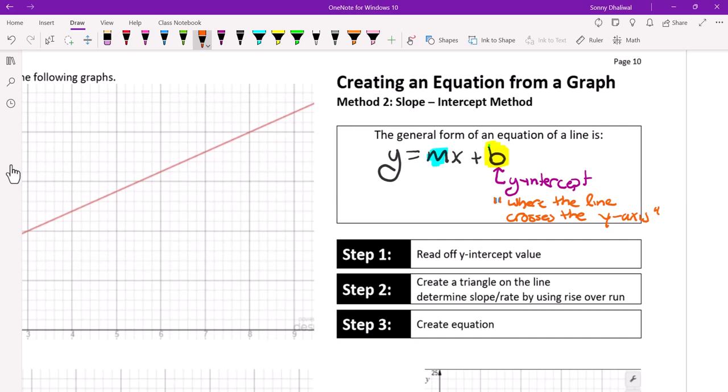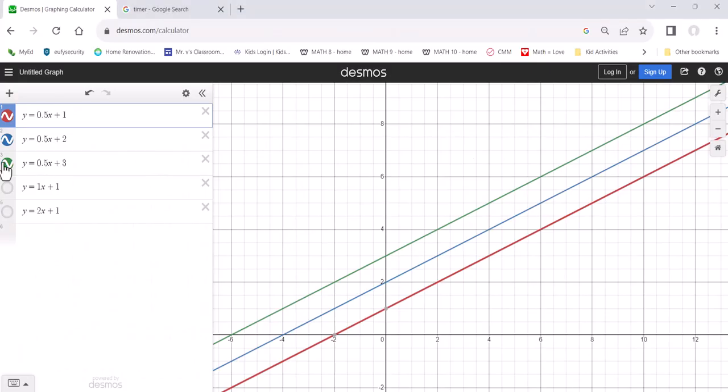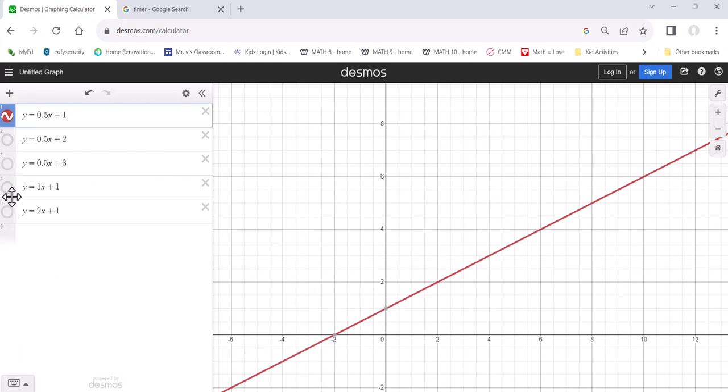Okay. So the m value, which we've been calling the coefficient, has a different property of the line. So the intercept makes it go up and down. So I can go back to my graphing tool right here, and I turn these guys off. Okay, so right now my coefficient is 0.5.